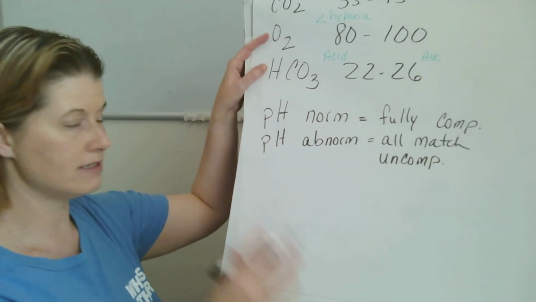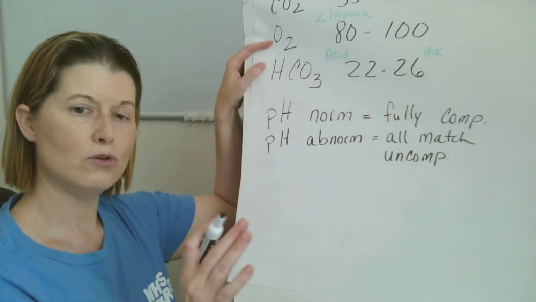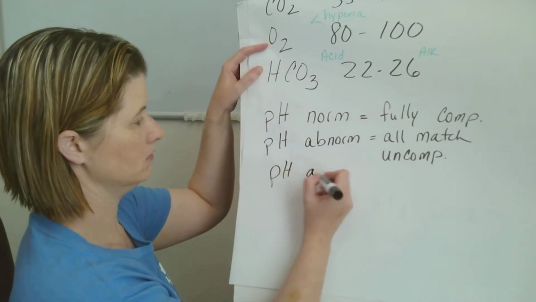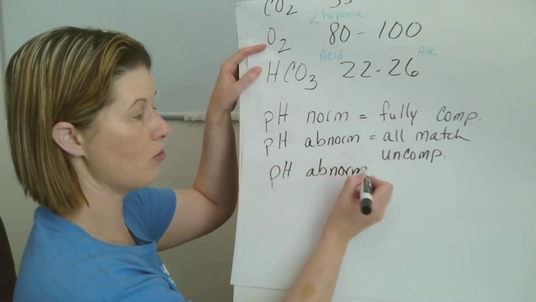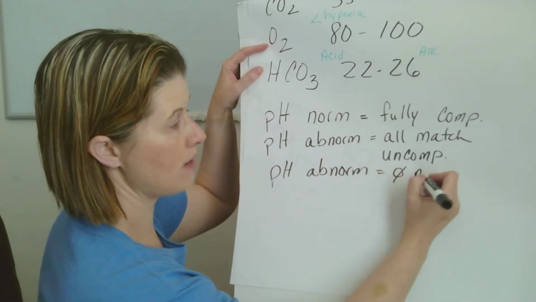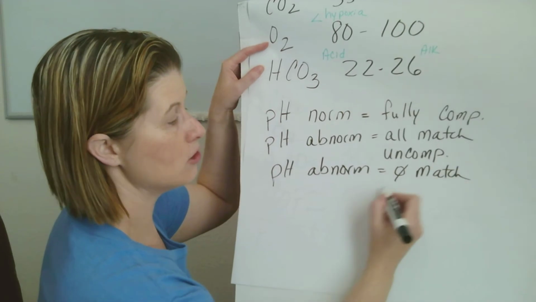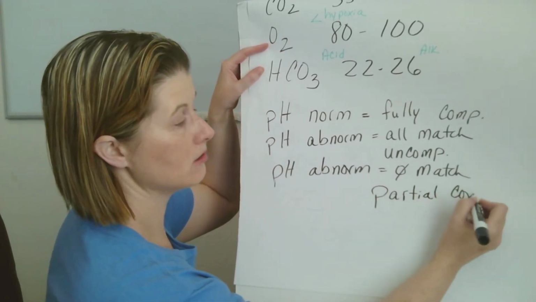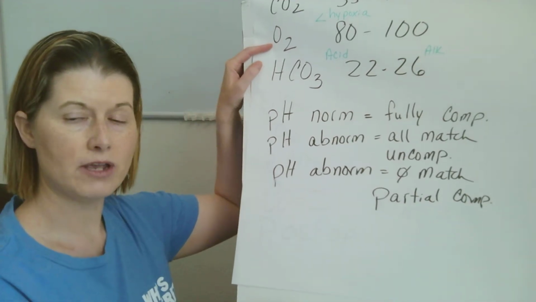If, as in our example, your pH is abnormal, but something is trying to help, okay, but they do not all match, you have a partial compensation.